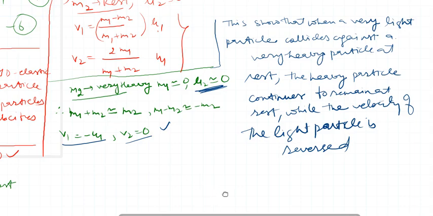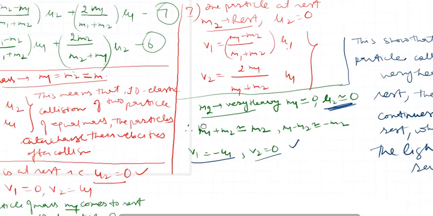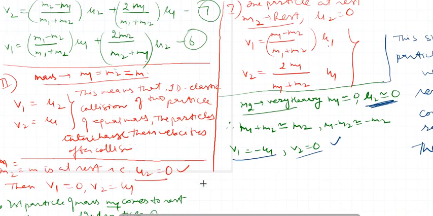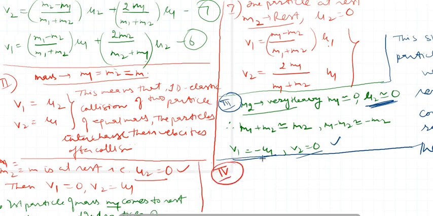Now let us go to the fourth case. This is the third case which I described. Now let me talk about the fourth case. For the fourth case, the particle at rest is very light. That means, let me assume that m2 is very light, nearly equal to 0.